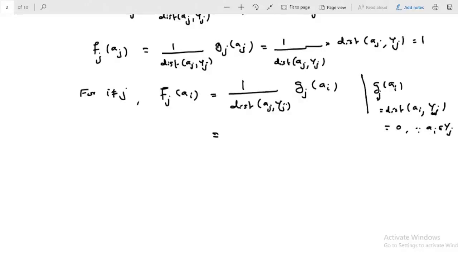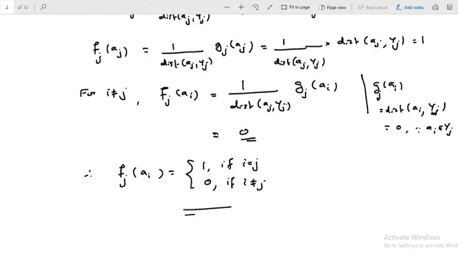Therefore it is 1 by the distance between aj and yj, times 0. That is 0. Therefore, fj of ai is 1 if i is equal to j and 0 if i is not equal to j.